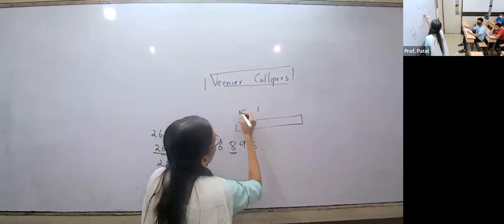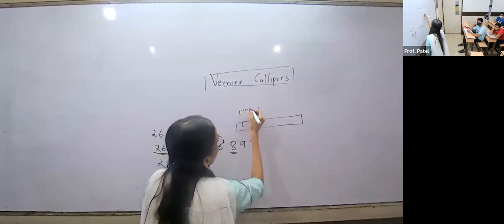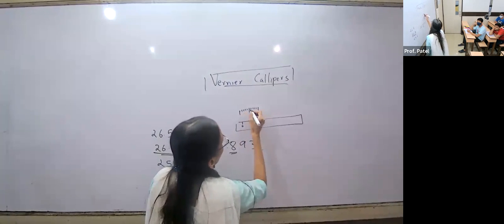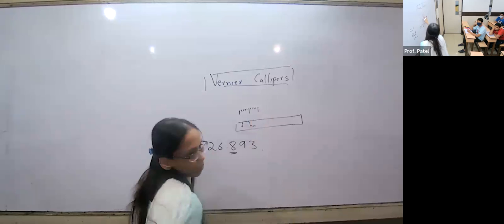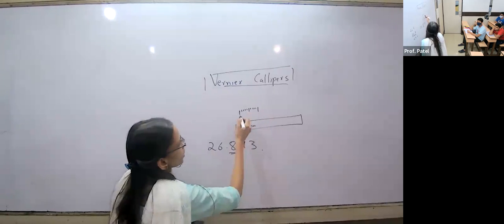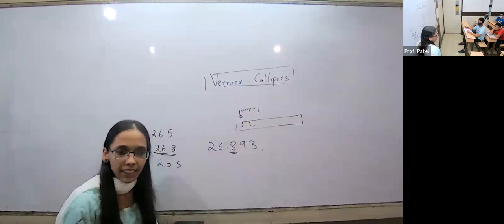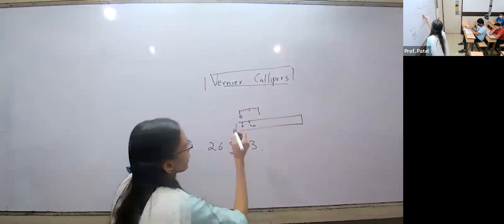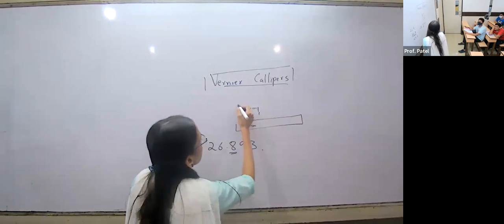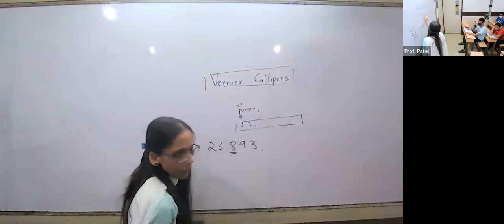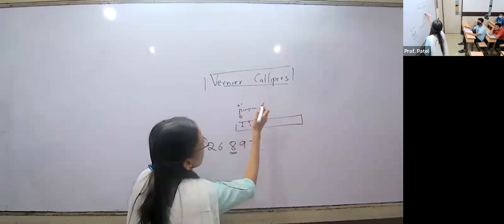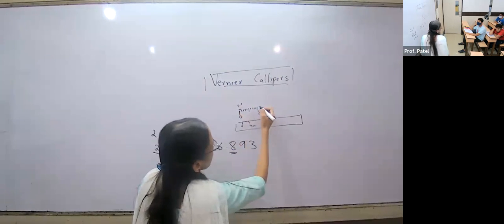So 1, 2, 3, 4, 5. You have 0 and 1 further broken into 10 equal parts, right? And this smallest one is how much? 0.1, right? The largest one can go to 0.9 and then again it becomes 1.